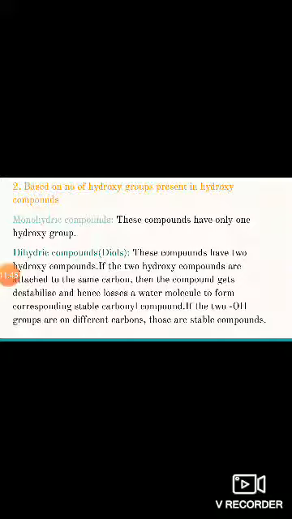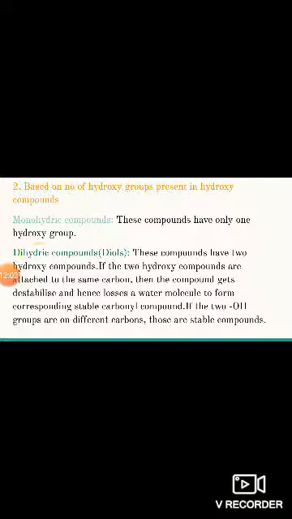All the hydroxy compounds, whether they are aromatic or aliphatic in nature, which have a single hydroxy group, fall into the category of monohydric compounds.